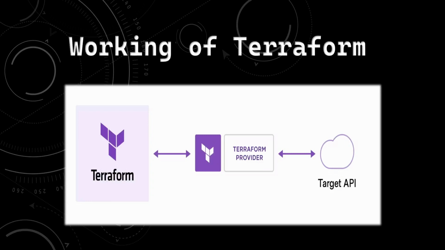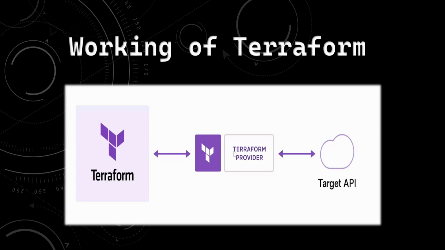So working of Terraform, how does Terraform work? So we have written Terraform files, that is .tf files. Within that file, whatever the infrastructure we need to create, that will be defined, right? So this is the HCL code, HashiCorp configuration language, right? Using that language, we will write some declarative statement, and it will use some provider, Terraform provider.